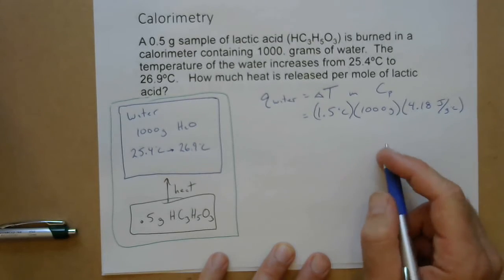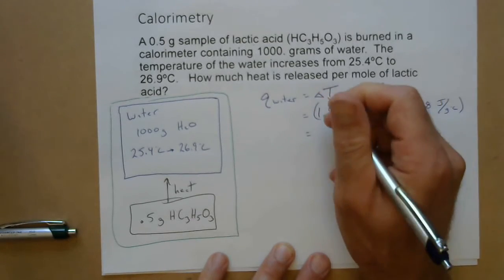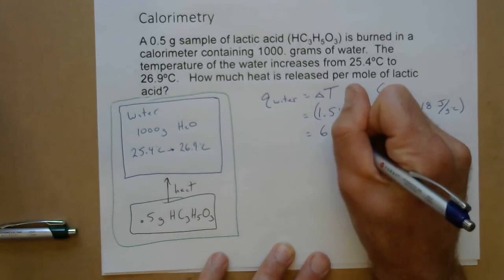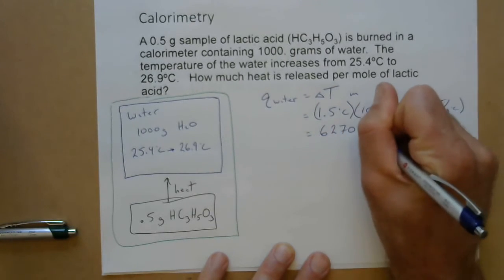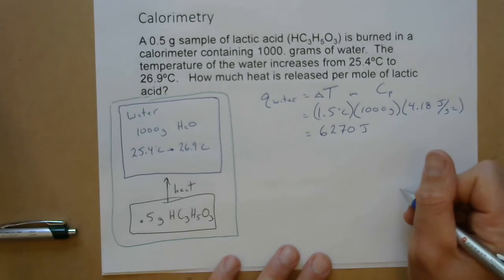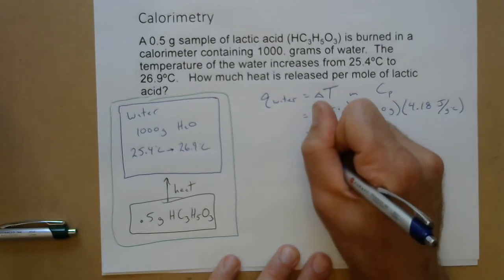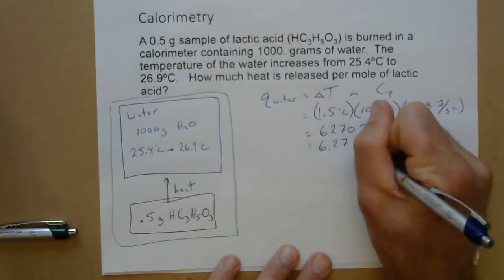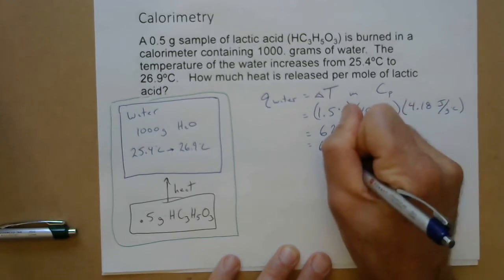All right, so we multiply those together, and I believe you get 6,270 joules. Okay, we'll make that into kilojoules just to make it a little easier to work with. So 6.27 kilojoules.